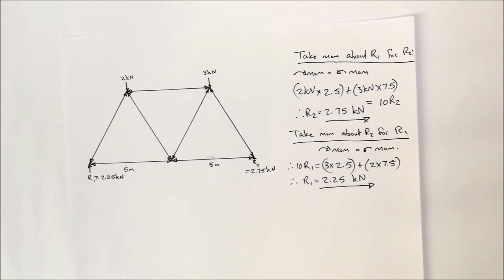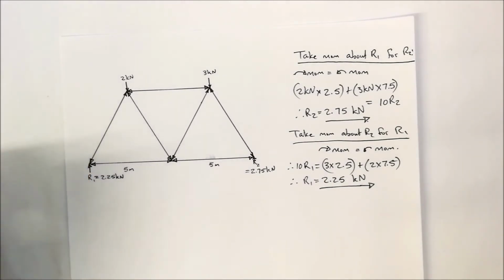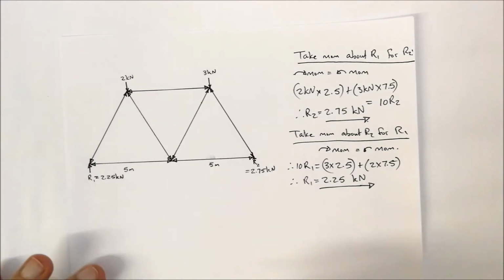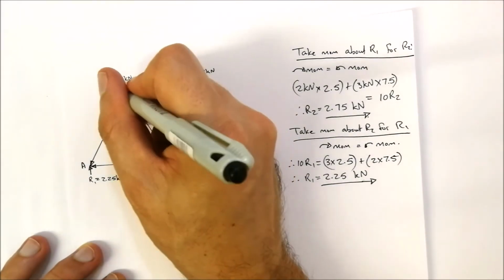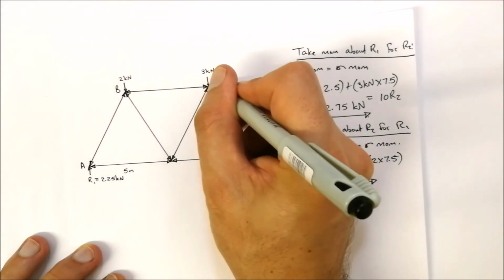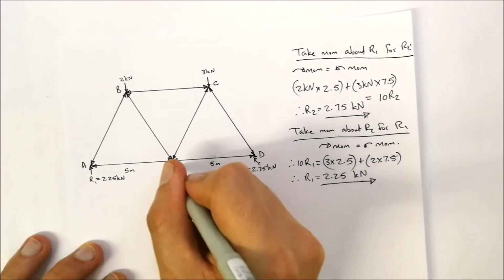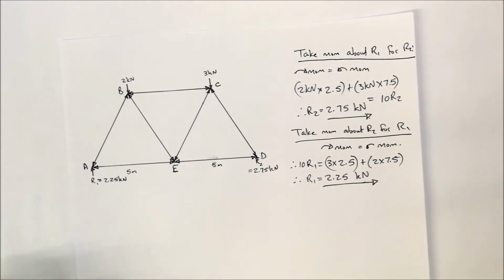Now that we've done that, I'm also going to label each point where these beams, whether struts or ties, come together. So I'm going to call this A, this B, this will be C, this will be D, and that will be E. Now I've laid out the problem and labeled everything, and I'm going to use that to do my calculations.